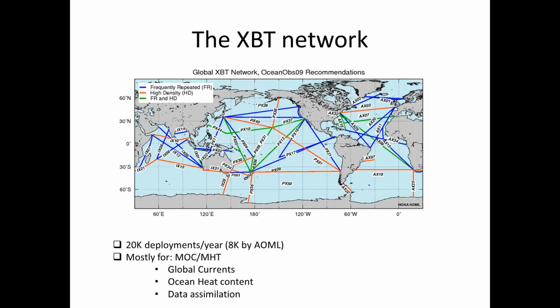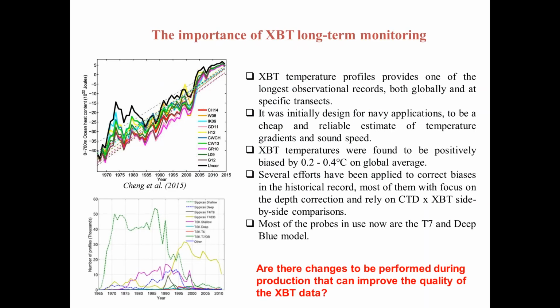Just to give an idea, we drop around 24,000 XBTs globally every year, and 8,000 of them are from AOML. Now we focus more on things such as AMOC variability, global currents, ocean heat content, and even data assimilation for temperature profiles.